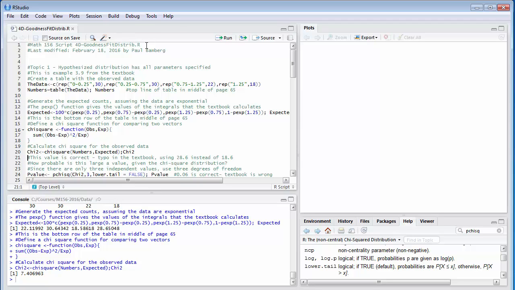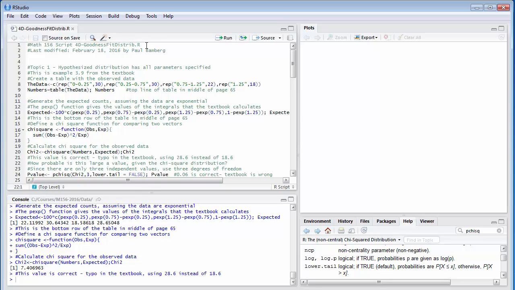Now that on its own doesn't really mean very much. By the way, it's not the value given in the textbook, but the textbook is wrong. I'm correct. I discovered this finally when I tried to reconstruct this value by a permutation test and discovered that the third term in the calculation in the book is just plain wrong.